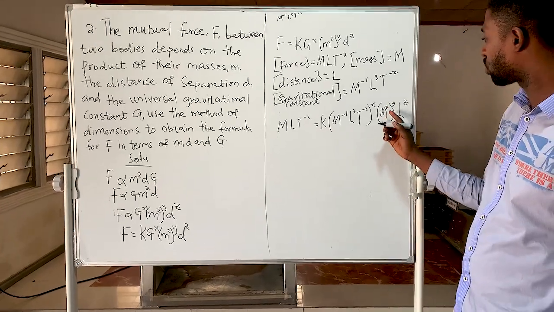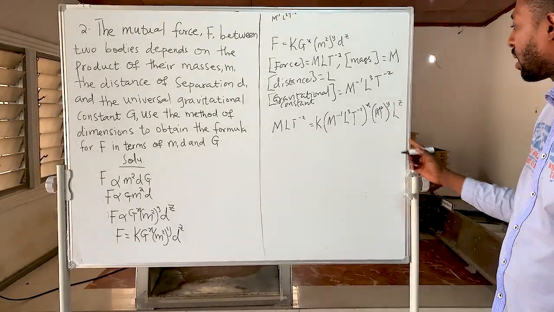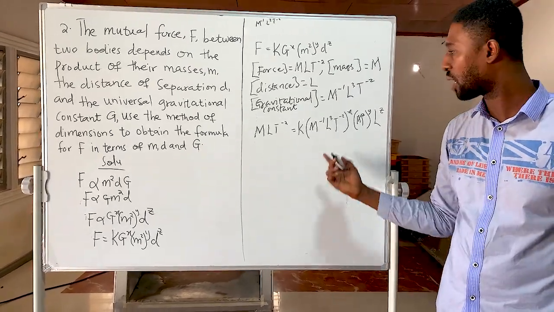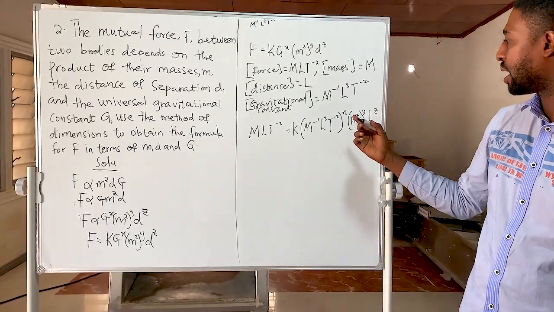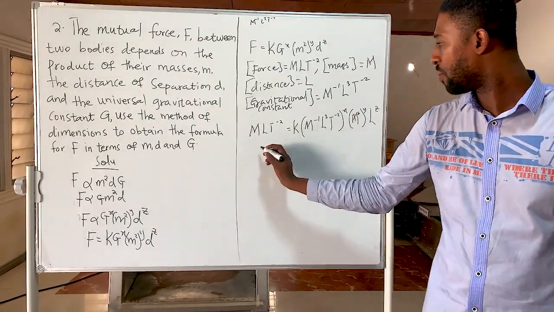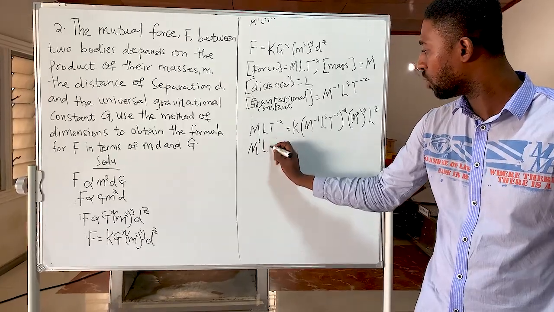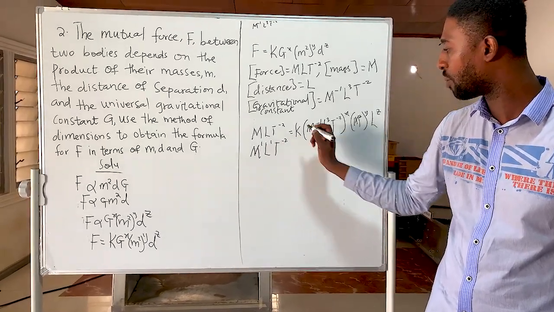So what is left for us to do is to calculate the values of x, y, and z. And remember, this can further be written as m raised to the power 1, L raised to the power 1, T raised to the power minus 2.